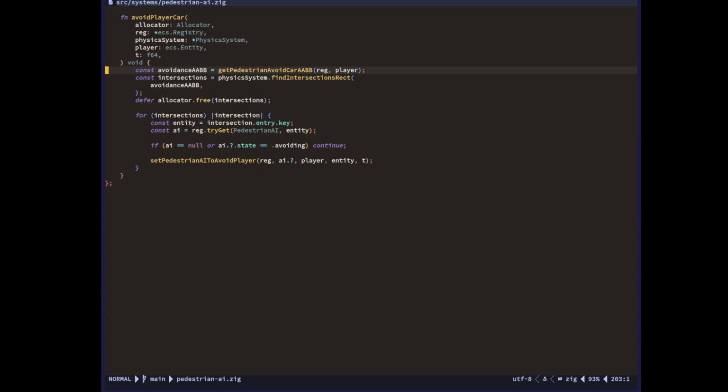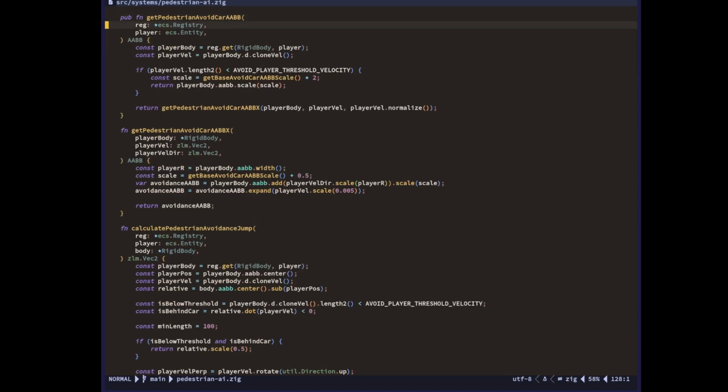So we're getting the rectangle here. We can go and look at this. There are basically two different branches in this function. We want to check because if the player car is moving really slow and almost at a standstill, it can easily get surrounded by pedestrians and then be unable to move.